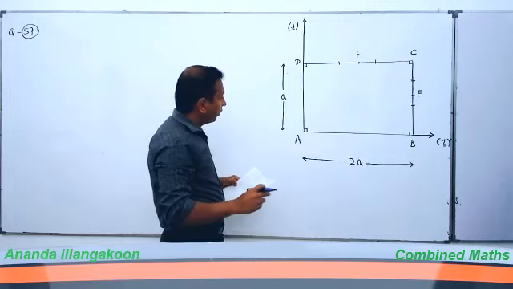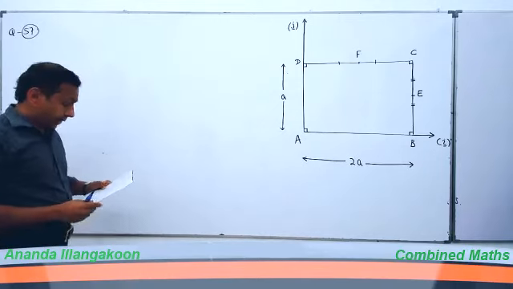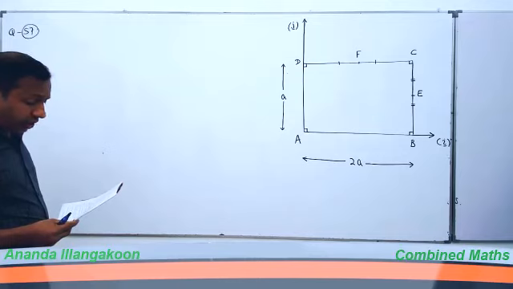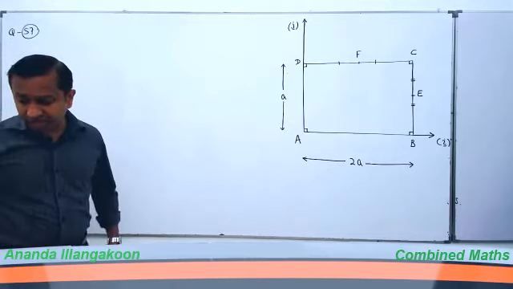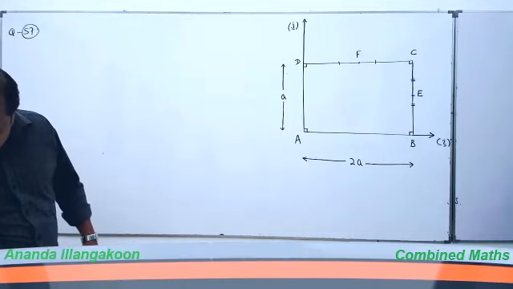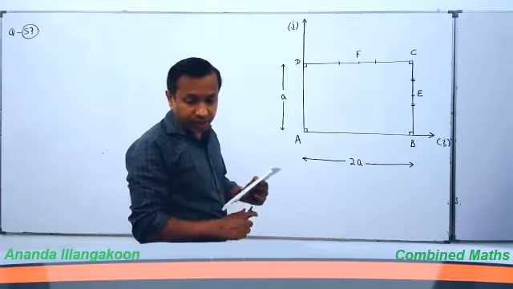Now, since this is a rectangle, you know opposite sides are equal and parallel. Now, if the lines AE, BF, people, that's really a printing mistake. AE and BF should be there. AE and BF are the straight lines.